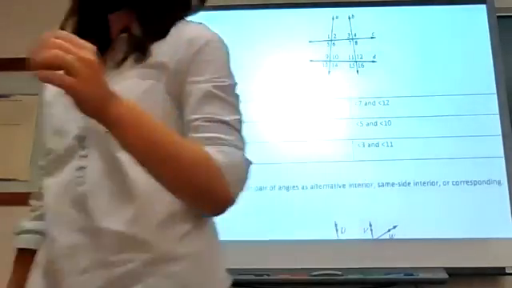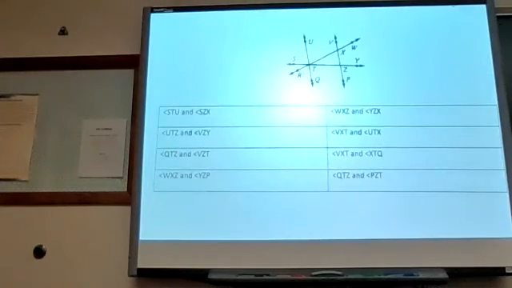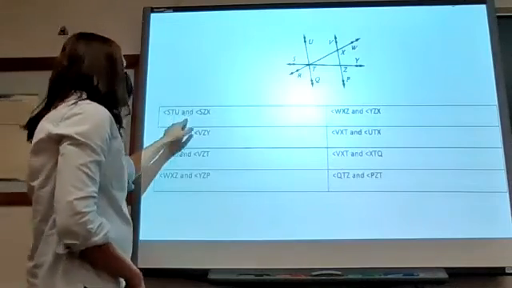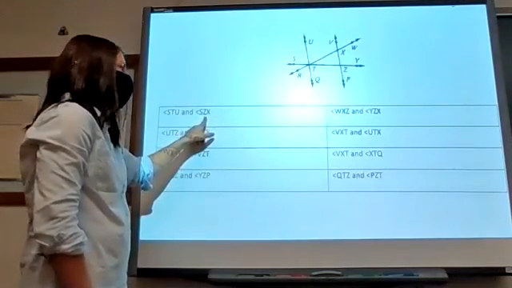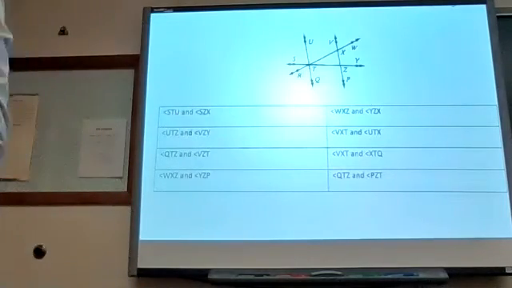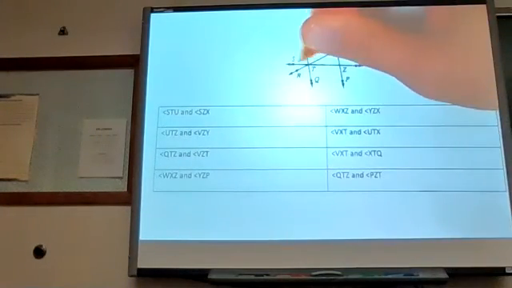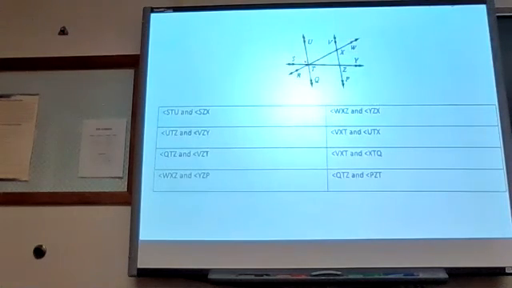Now it gets trickier when it gets to the bottom diagram. Okay, and that's why I'm giving you time right now to look through it and ask questions. When I do this bottom diagram, I have to follow the letters to figure out which angles I'm talking about. It gets super tricky. So it says STU. If I look at my diagram, STU would be here. And SZX.